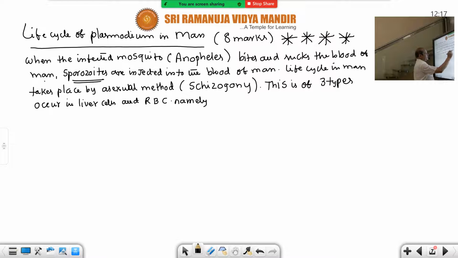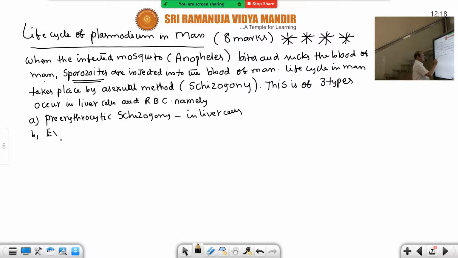Namely, these three types of life cycles are: A, pre-erythrocytic cycle, pre-erythrocytic schizogony. You can say schizogony. It takes place in liver cells.